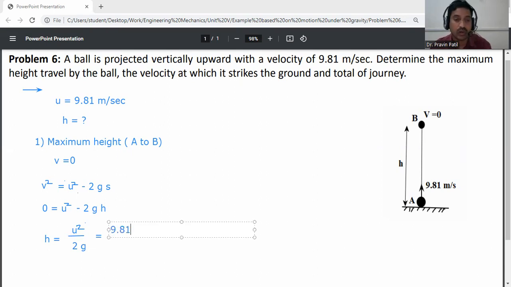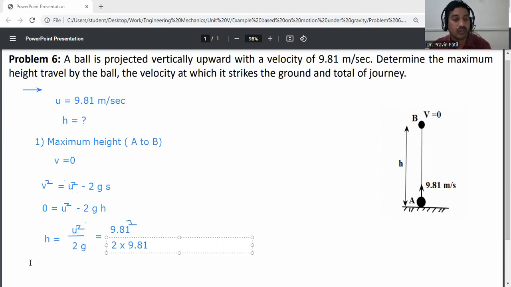U square is 9.81 square, divided by 2g, where the acceleration due to gravity is 9.81.